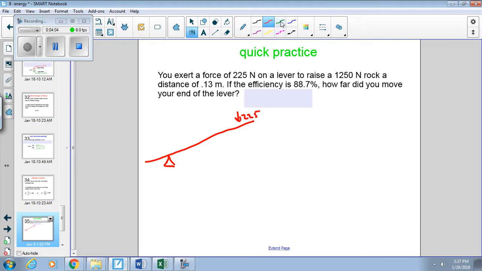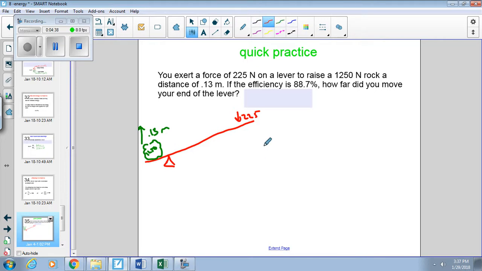And the idea is to move this 1,250 newton rock a distance upwards, 0.13 meters. The efficiency of the lever itself is 88.7. How far do you need to move your lever?